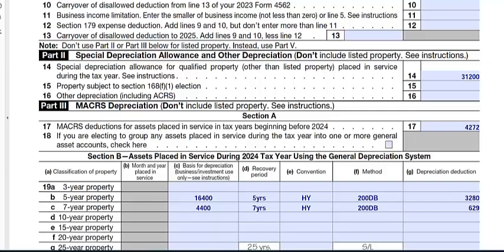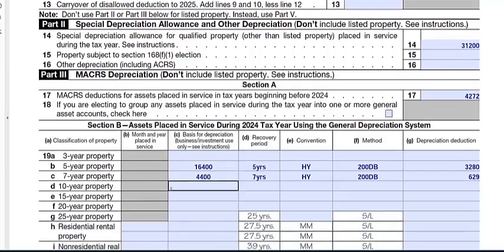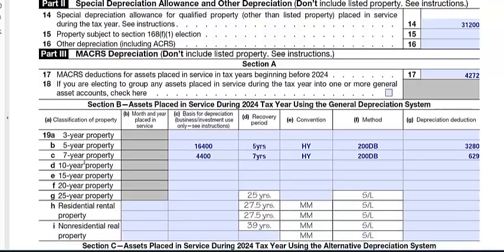Line 17 is for assets placed in service in tax years before 2024. And then all assets placed in service during 2024 should be somewhere here on line 19, depending on their useful lives.